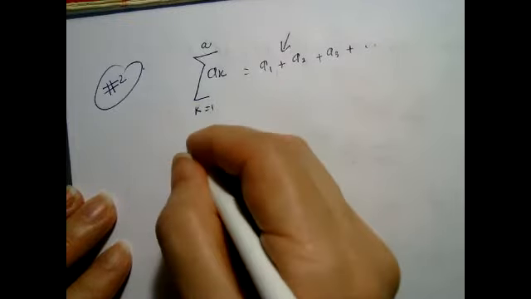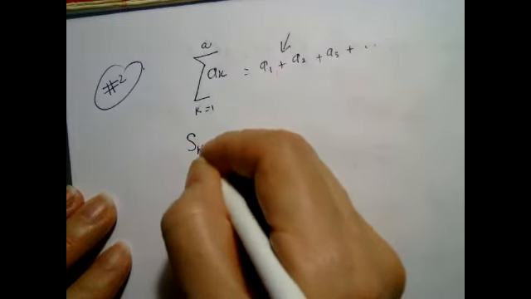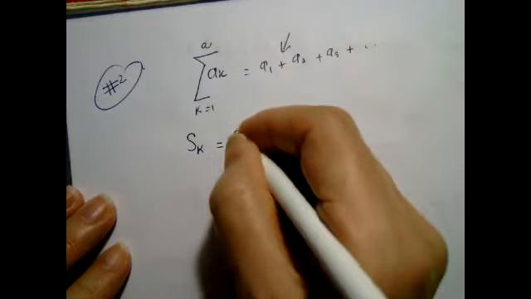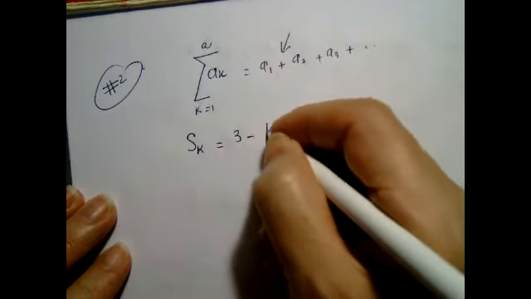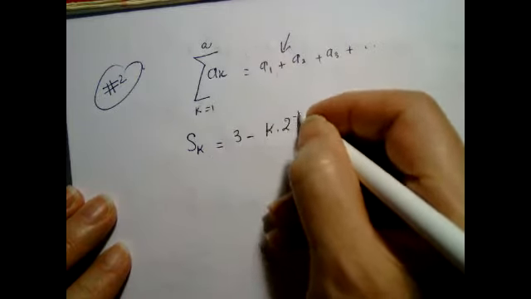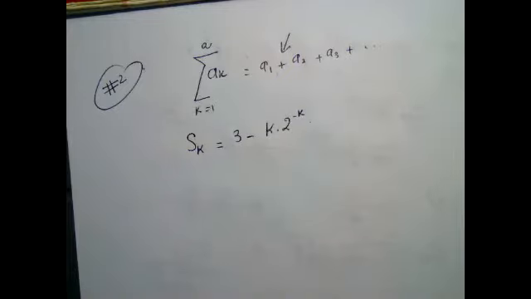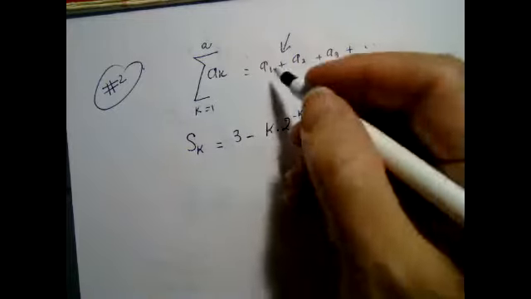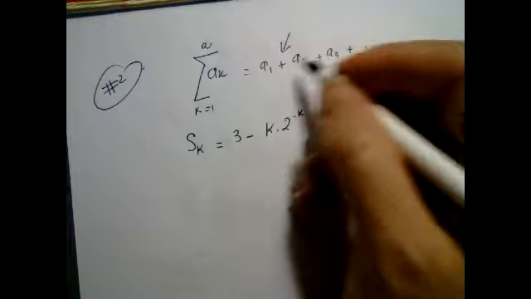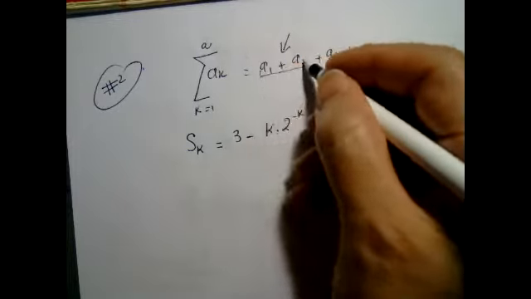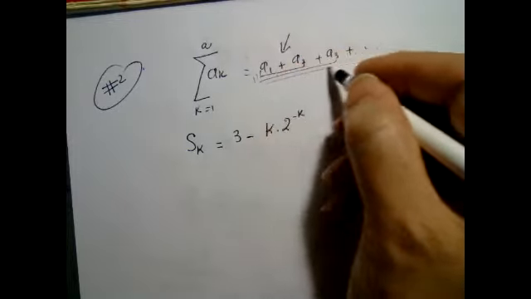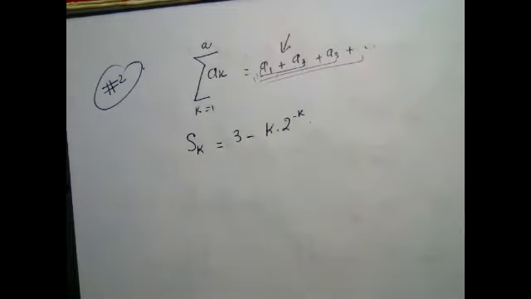And it tells me that the partial sum S_k is equal to 3 minus k times 2 to the minus k. Okay, so that's the partial sum. They did not give me the terms, but they tell me that if you start adding them, that's the formula for the partial sum.